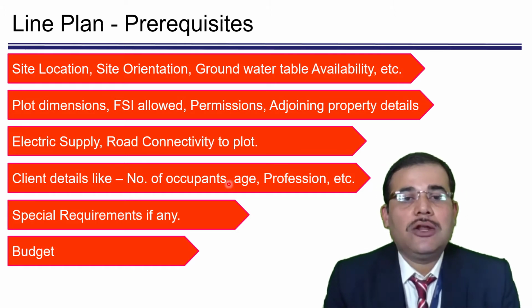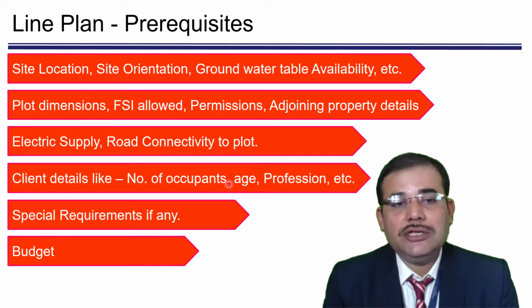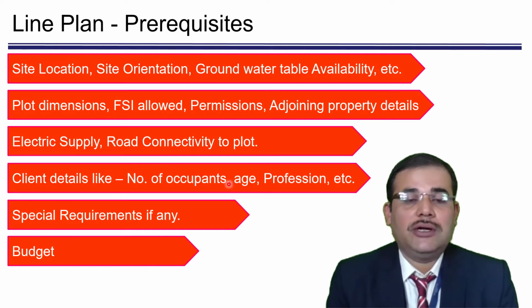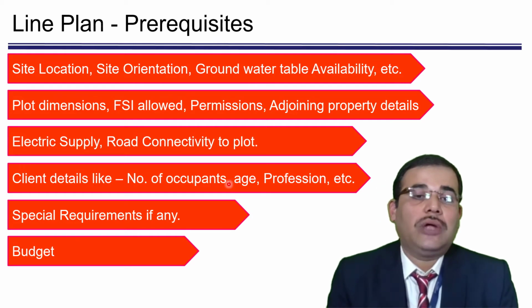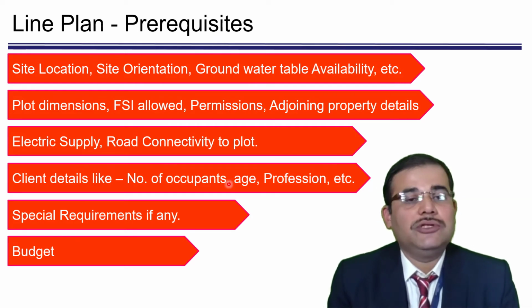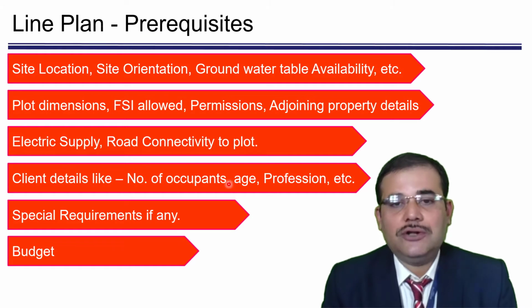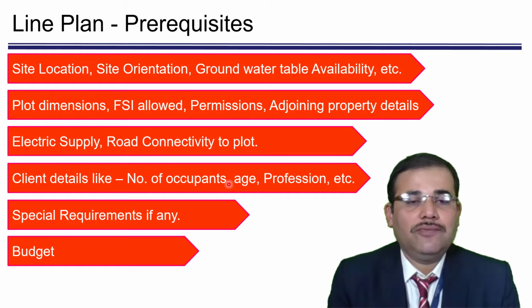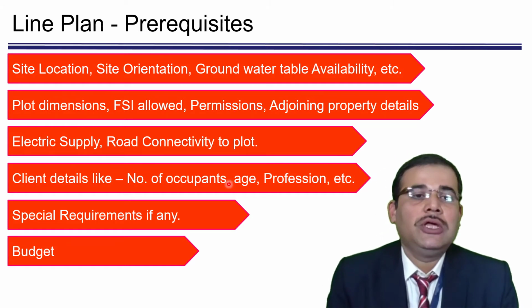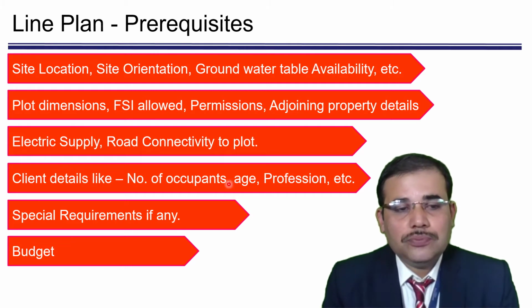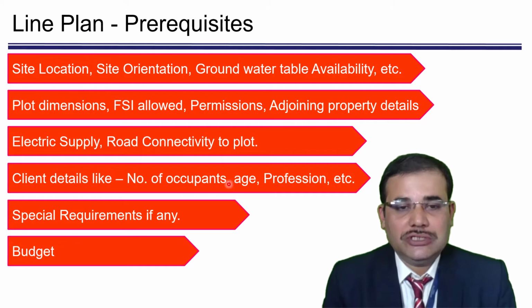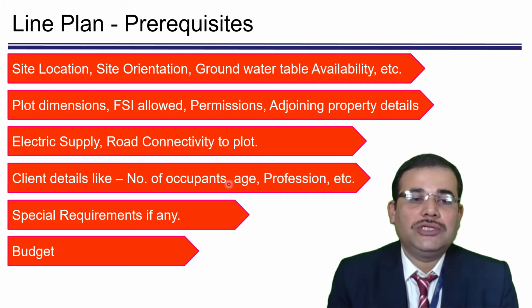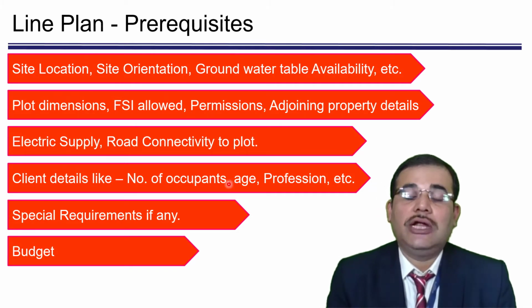Now, electric supply and road connectivity to the plot is another important factor before starting the line plan, because accordingly you have to decide the entrance point or entrance side of your building, and accordingly the front elevation you have to develop. Then, the number of occupants who are supposed to live in this structure, you should know.